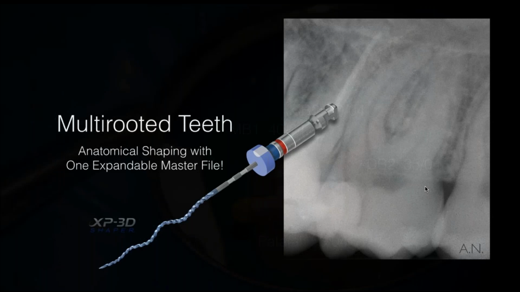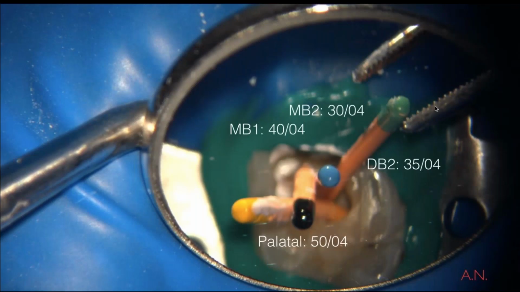And with one file, we can end up with 4 different sizes. So with this one file, the gutta percha required was different in each canal, but it was the file that followed the anatomic shape rather than the predetermined shape of a round file.